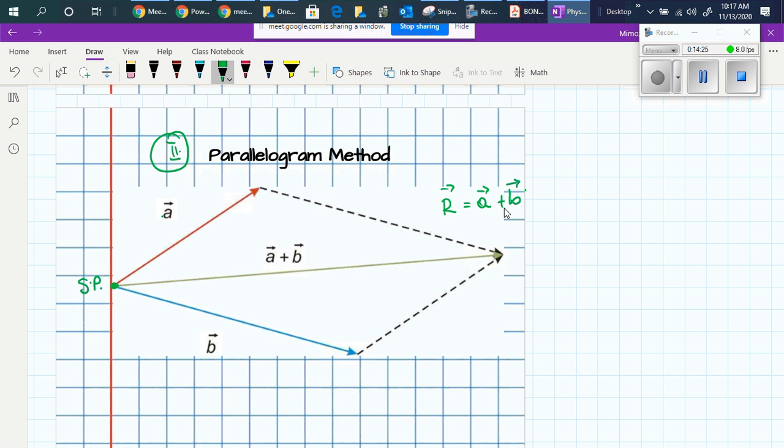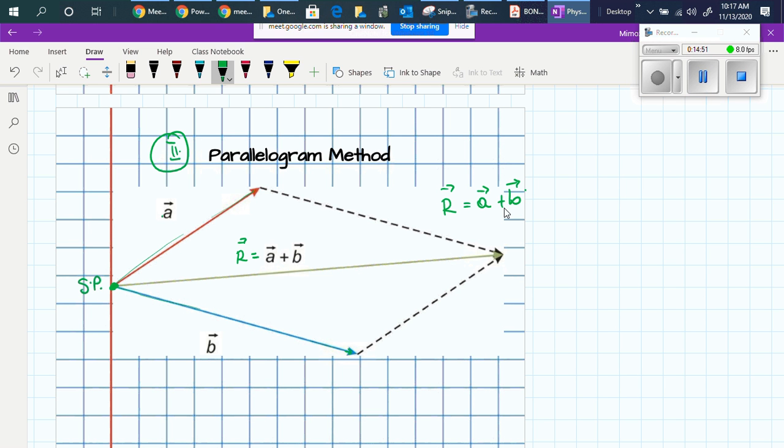So the two vectors that you are operating with and the resultant start at this point. So at that point, you bring vector A, which will be given to you with its direction and magnitude. And then at the same point, you plot vector B.